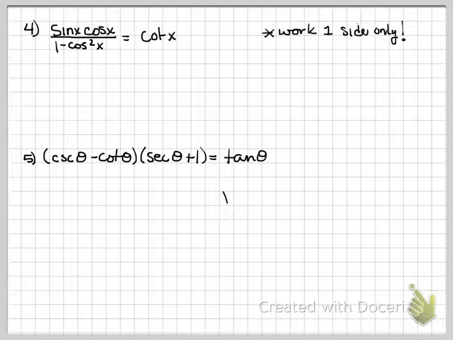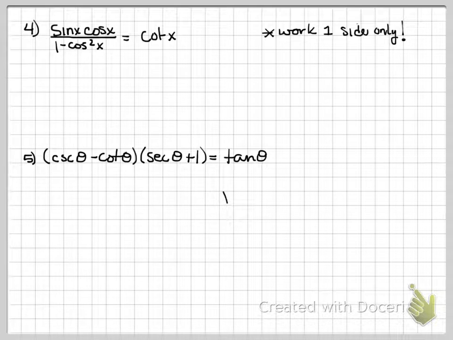Okay? So let's look at the one we have here. I have sine x times cosine x over 1 minus cosine squared x equals cotangent x. So the left side looks way more complicated. So I'm going to start there and see what happens. Now when I look at it, I have a 1 minus cosine squared x. Well, from what we talked about earlier, I know that's sine squared x.